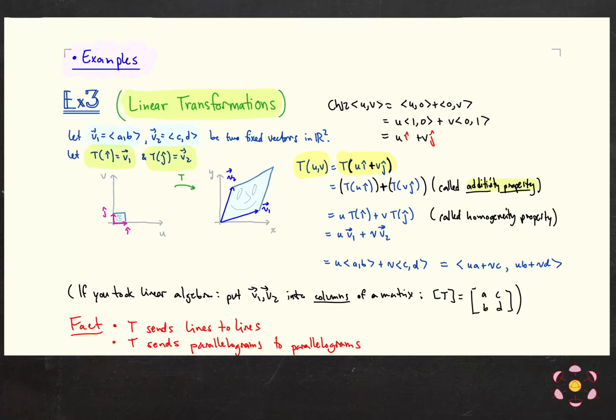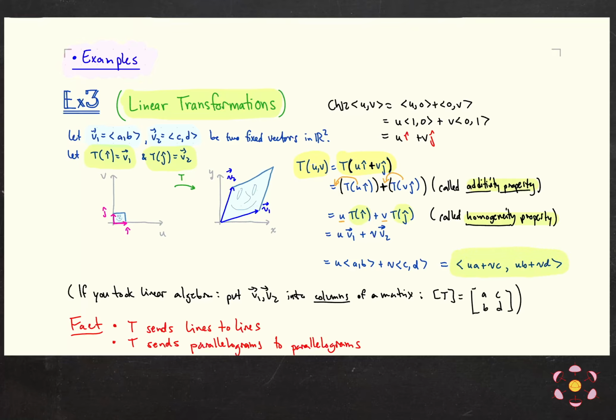Okay, but then we have another property that we require out of linear transformations called homogeneity. What this means is that we can pull out the scalars in front so that the u and the v show up in front here. Okay, since I told you what T does to i hat and T does to j hat, replace those with v1 and v2, and I've got the u and the v in front. Okay, now finally, since I said that v1 was (a, b) and v2 was (c, d), put those back in, and then we've got the final form here.